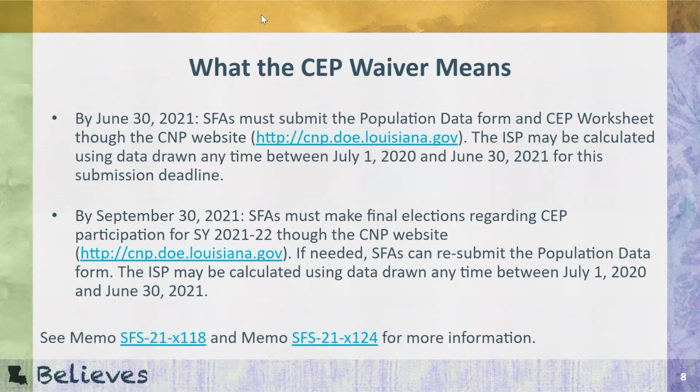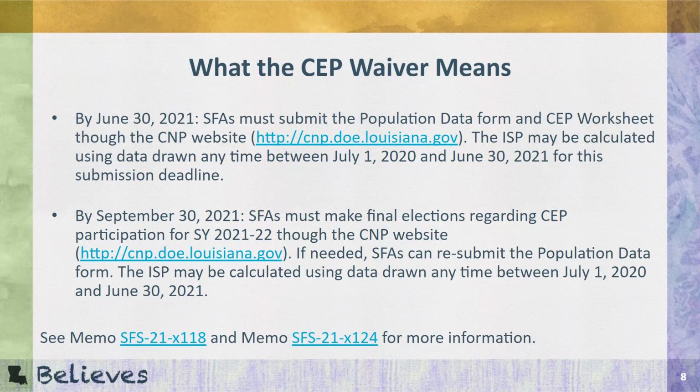So this waiver, what it means is by June 30th, 2021, SFAs must submit the population data form and the initial CEP worksheet through the Child Nutrition Program website. And the identified student percentage may be calculated using data drawn anytime between July 1st, 2020 and June 30th, 2021.